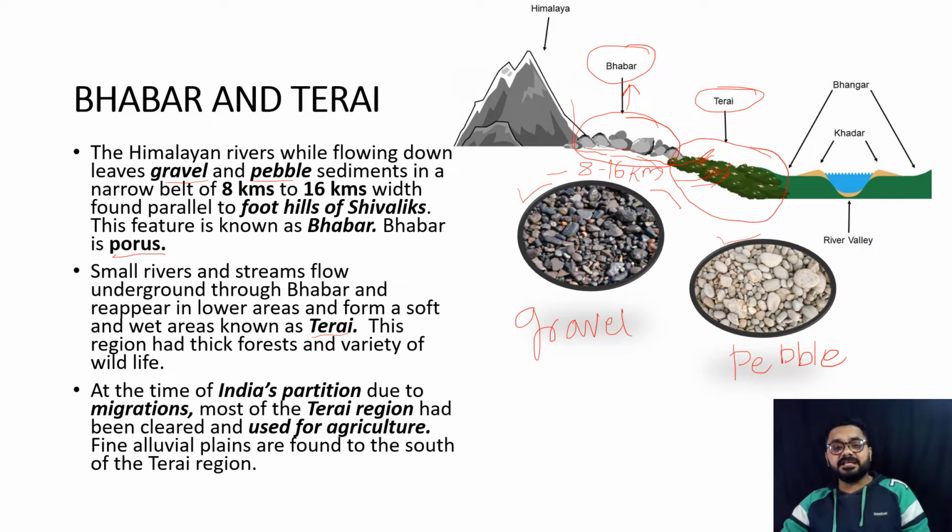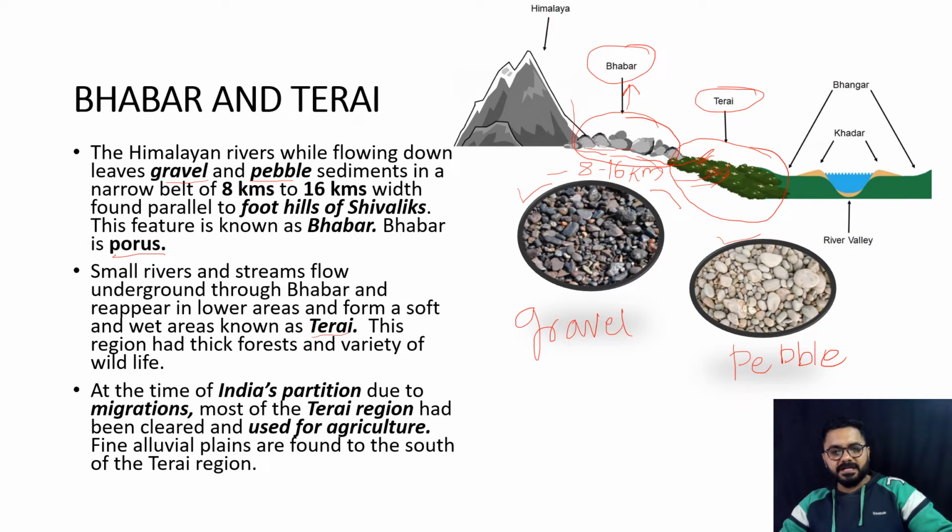Terai region is very thick. It consists of a variety of wildlife. However, over a few years, this Terai has lost its green coverage because people are using this region for agricultural and various other purposes.